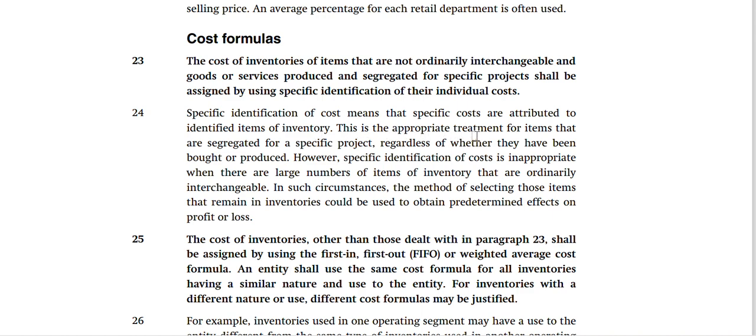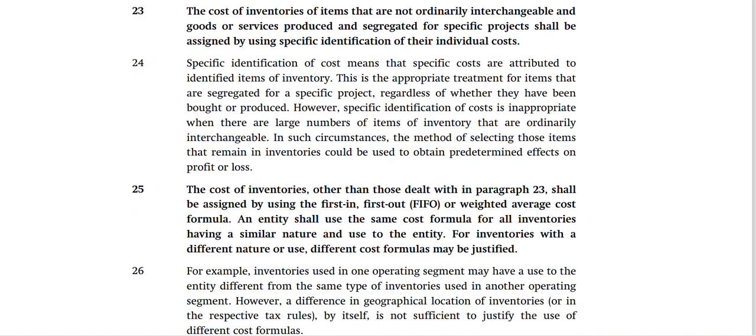This is the appropriate treatment for items that are segregated for a specific project, regardless of whether they have been bought or produced. However, specific identification of cost is inappropriate when there are a large number of items of inventory that are ordinarily interchangeable. In such circumstances, the method of selecting those items that remain in inventory could be used to obtain predetermined effects on profit or loss. So this further elaborates the cost formulas.